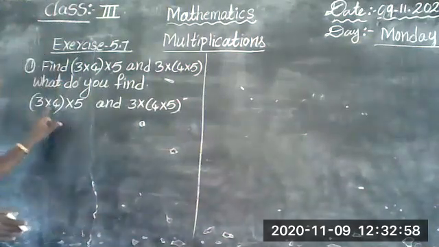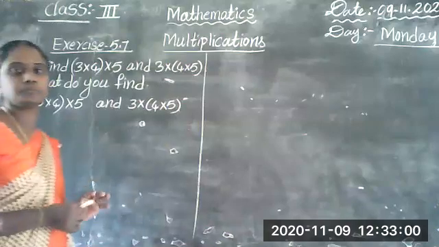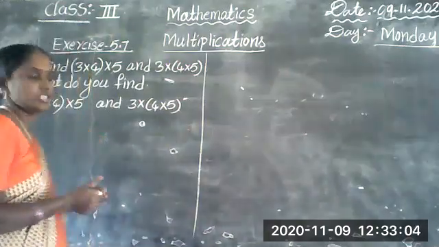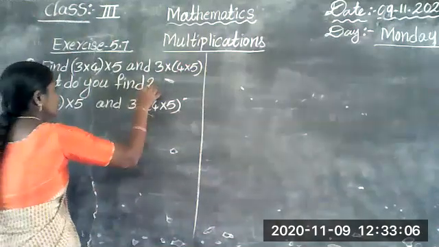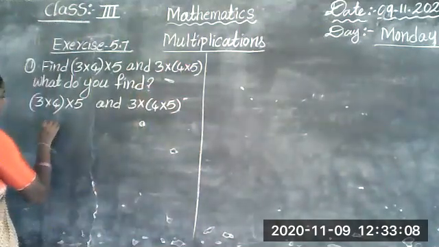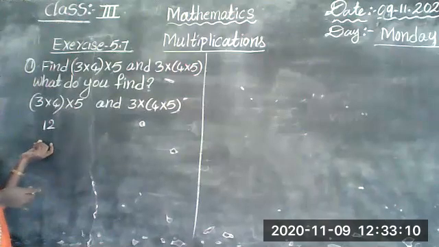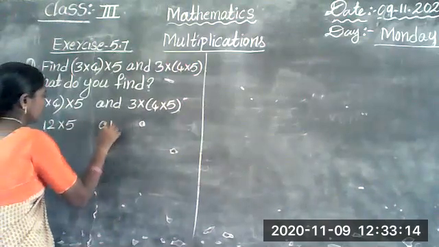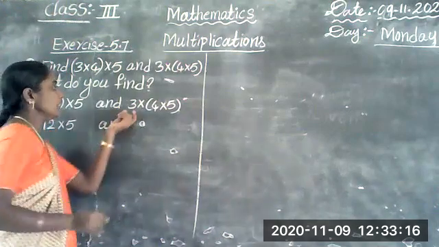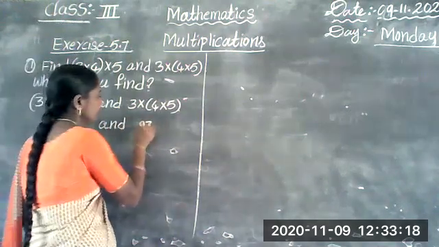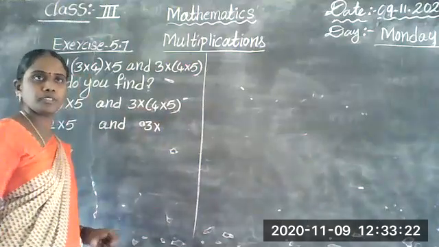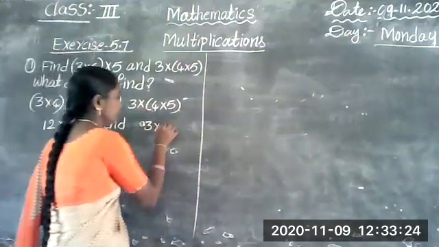First 3 × 4. 3 fours are 12. 12 × 5. And 3 × (4 × 5): 4 fives are 20.